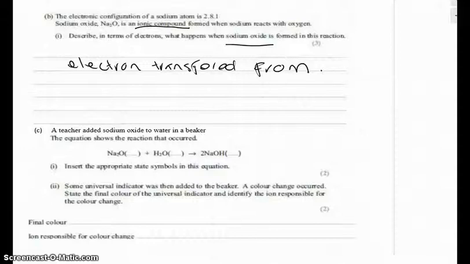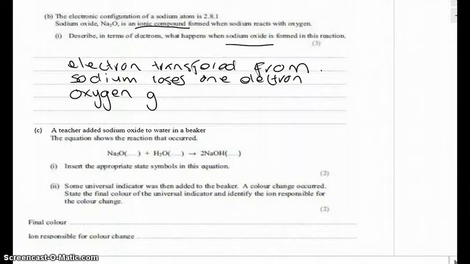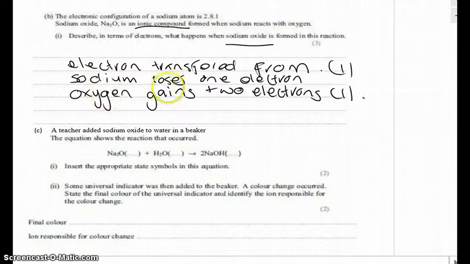So the second part was to say that sodium loses 1 electron, oxygen gains 2. So that is actually the full answer there, because sodium loses and oxygen gains would be for the second mark, and to have the correct number, sodium loses 1 and oxygen gains 2, that's what gives you the 3rd mark.